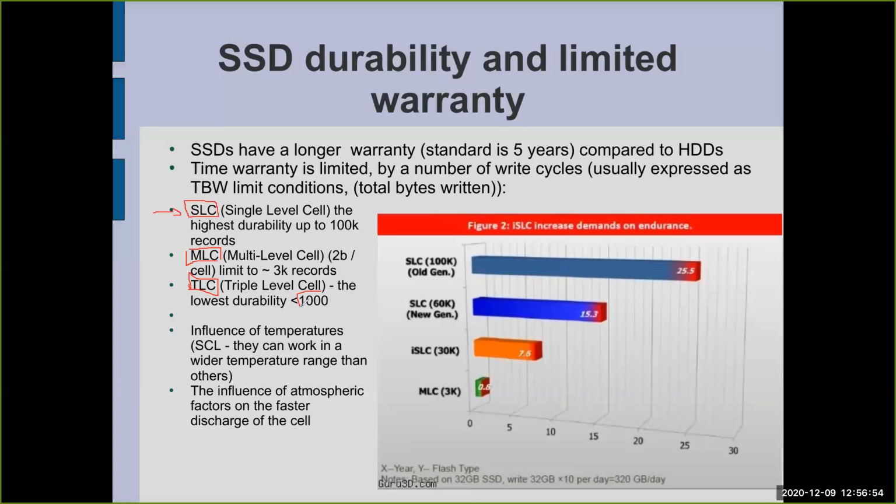And look, the number of write cycles is limited to 1,000 cycles. For MLC, 3,000 cycles. It means that if you have a solid state drive, you can write every cell 1,000 times or 3,000 times, or for QLC even lower.